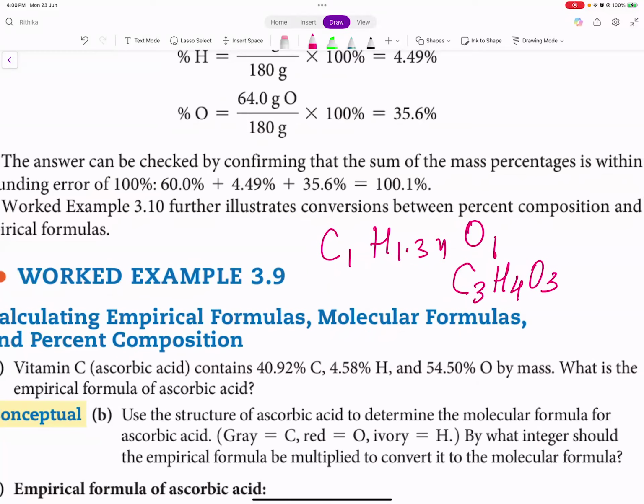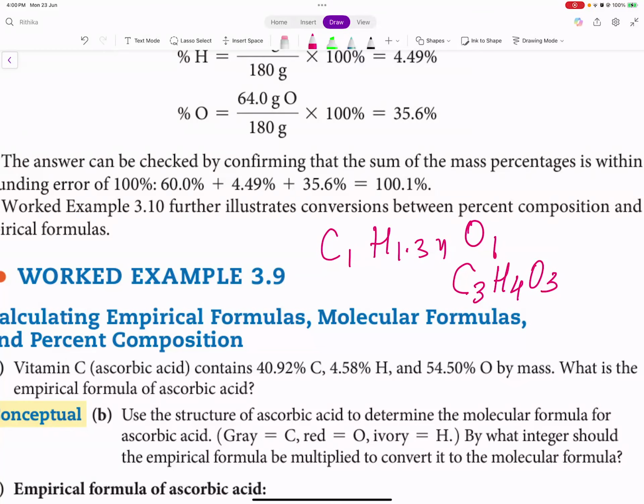The empirical formula mass was... one sec. 104 grams. Are you sure? 12 into 6. No. How much for carbons? 36, right?